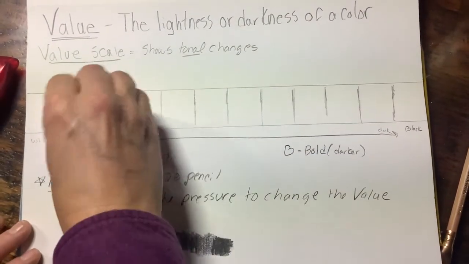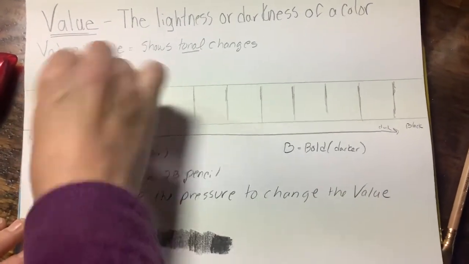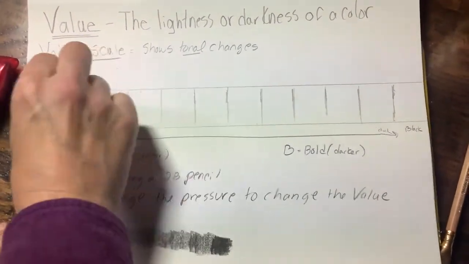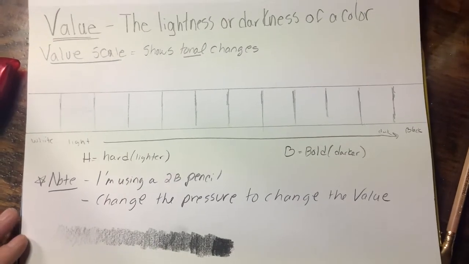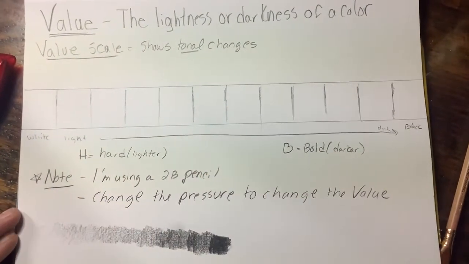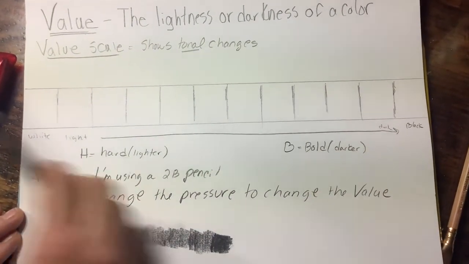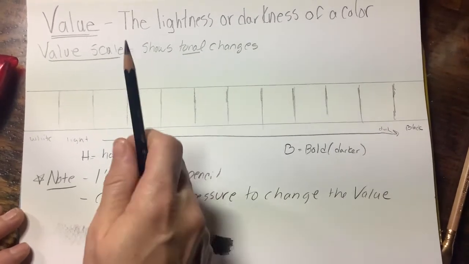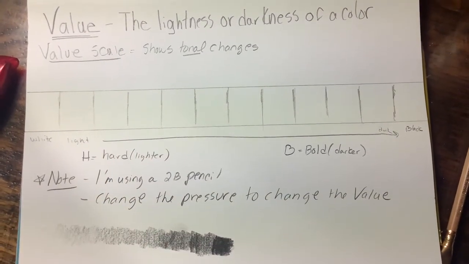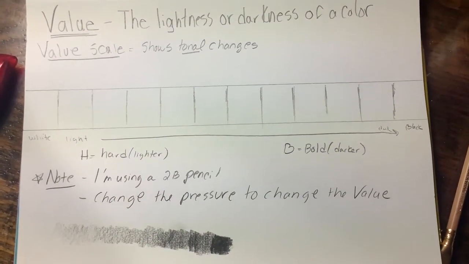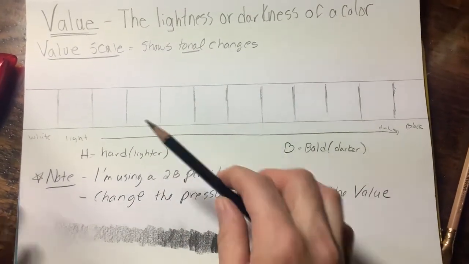Now we worked on this for a long time, so I might actually stop talking right now and just do the scale and then speed it up. So this might end up taking me 10 minutes, but I'll make it look like it took a minute. So just keep that in mind.